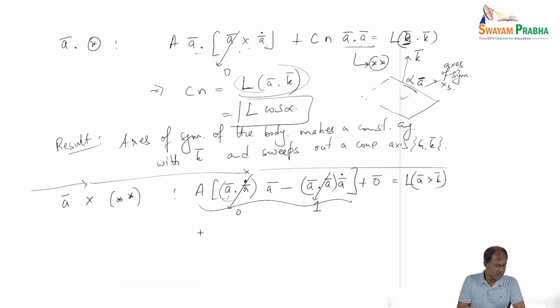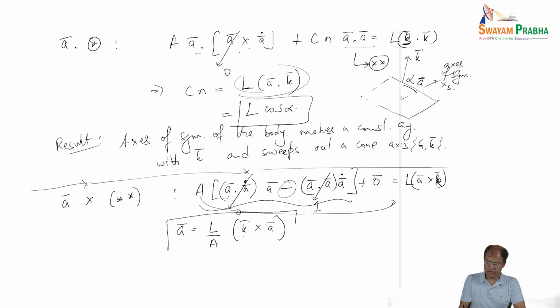All we get is that my A dot is going to be L over A times A, L over A times K cross A. This was A cross K, so I have swapped the sign because of a minus sign here, and it becomes K cross A. So this is A dot.